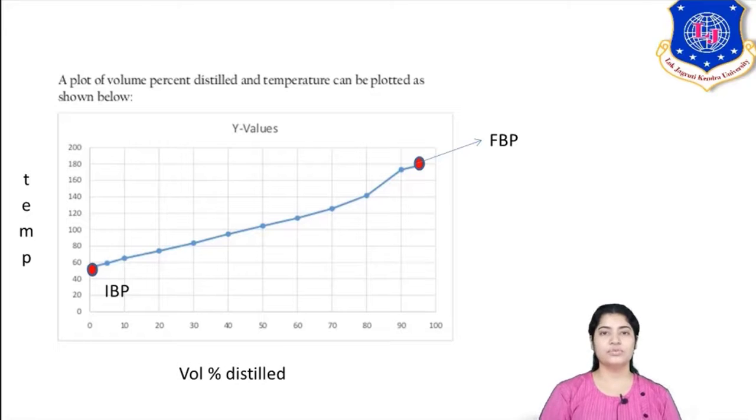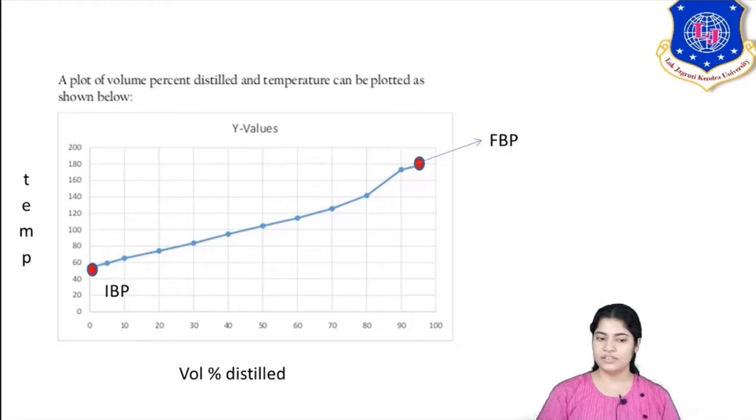So what does it show for different volume percent distillate? Up to 10% distillate has a very high amount of volatile component, so that kind of distillate will have certain characteristics. Similarly, if I move further, talking about 90% distillate, the less volatile component is increasing and is in the majority, so the characteristics will be different.